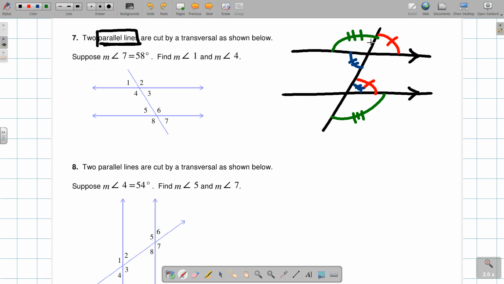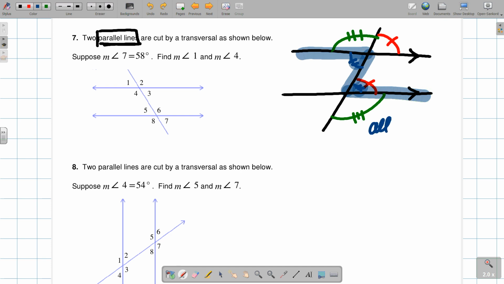The most important ones to remember here are the blue alternate interiors, and I nickname those alternate interior armpits of the Z. So all 3 of those angles are congruent.